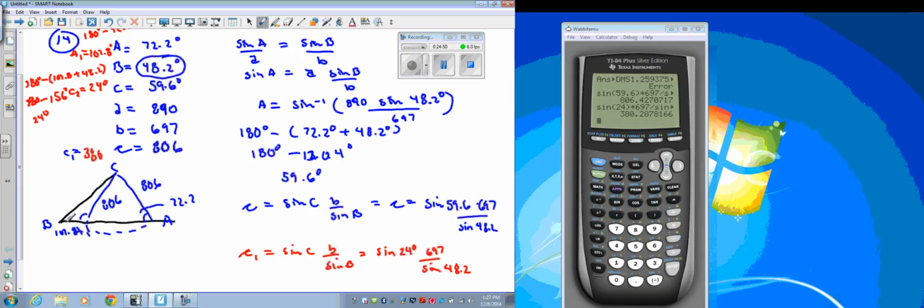But this side here is the thing that changes. See? Because this is 107 and this is 72, so they have the same sine. That side stays the same.